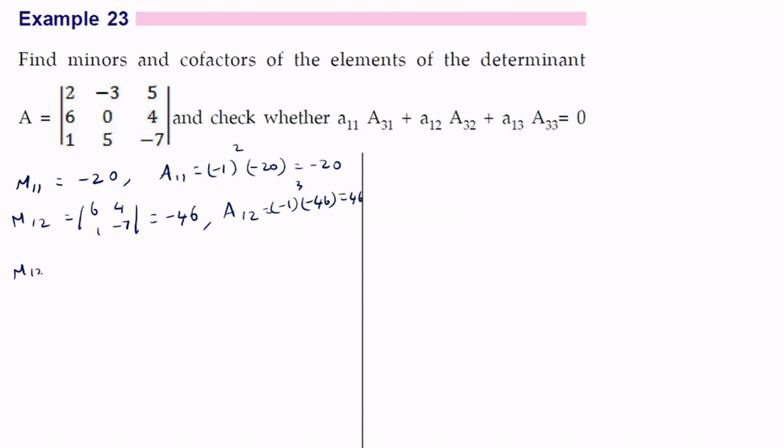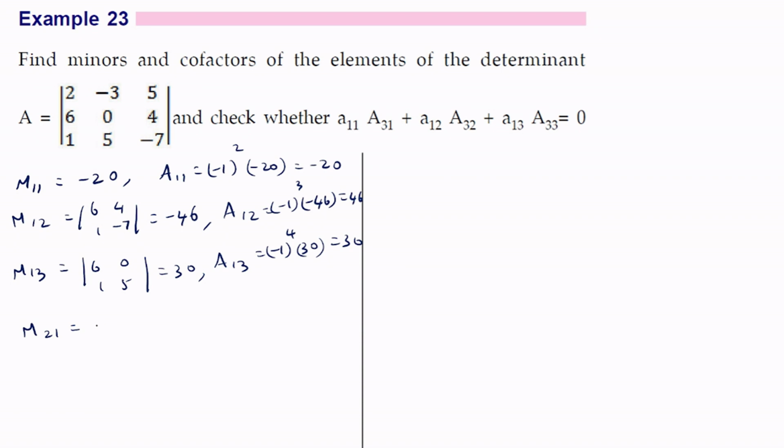Then we have M13. It is the value of the determinant obtained by deleting the first row and the third column. So it is 6, 0, 1, 5. So it is 30 minus 0, which is 30. Then A13 is minus 1 the whole raised to 1 plus 3, 4, into the minor, which is 30. So this is 30. And next we have M21.